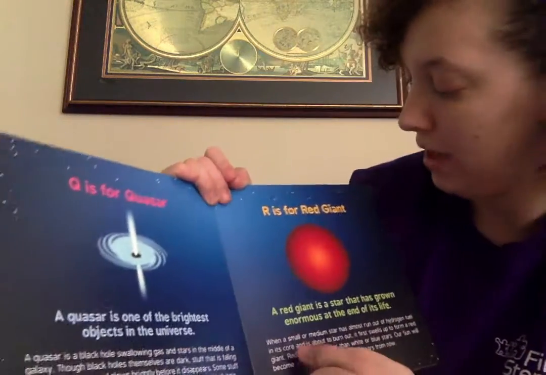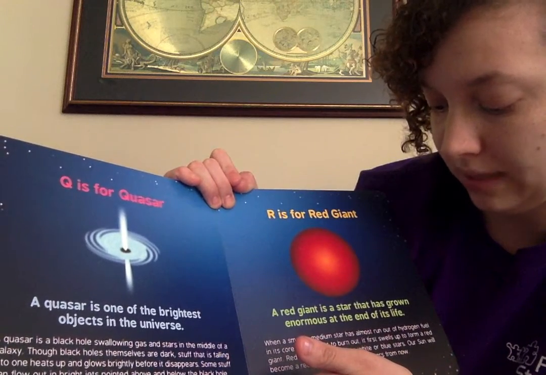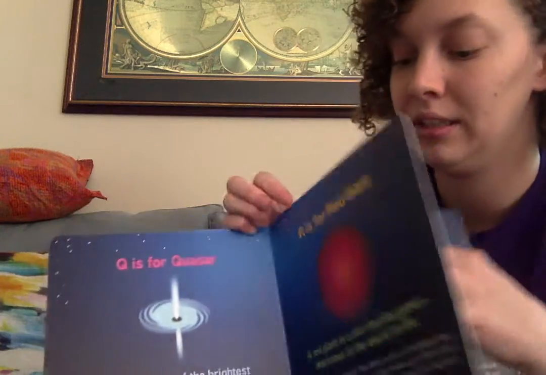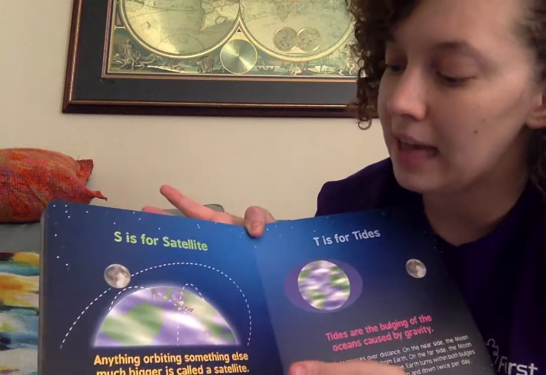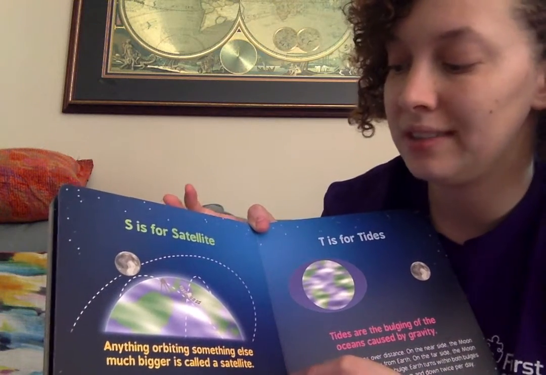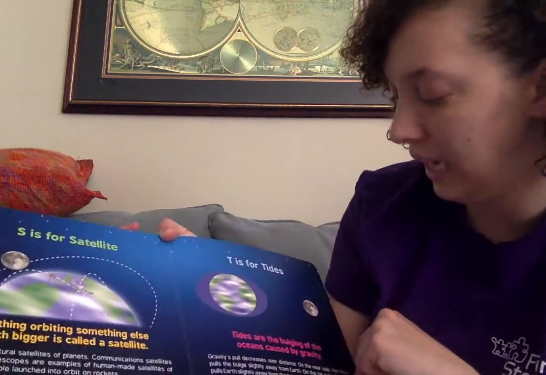R is for red giant. A red giant is a star that has grown enormous at the end of its life. It's a very large star. S is for satellite. Anything orbiting something else much bigger is called a satellite. T is for tides.